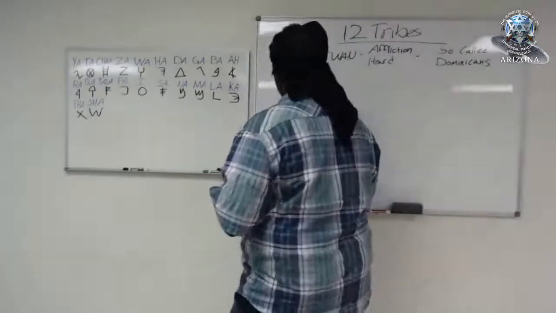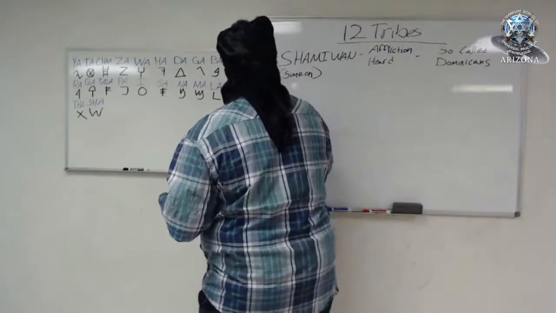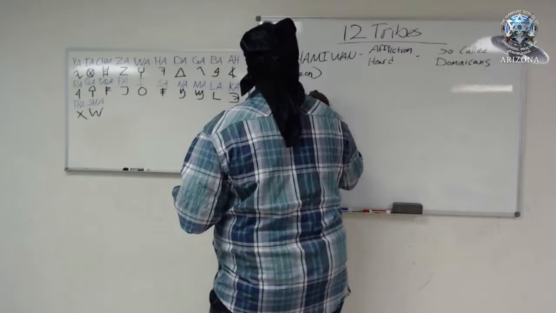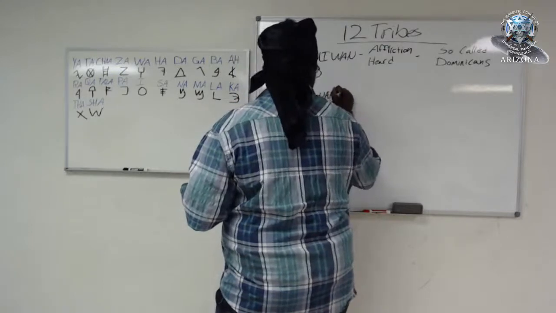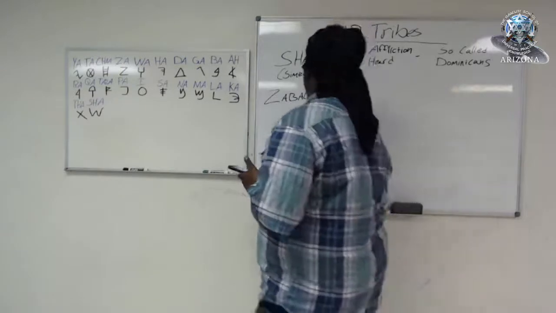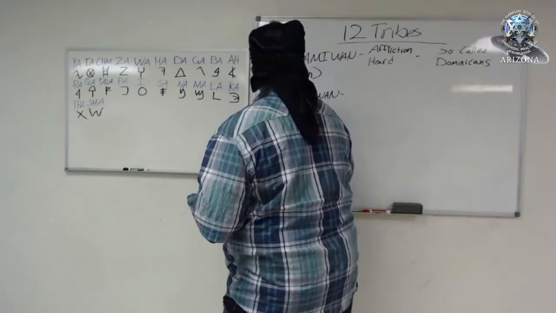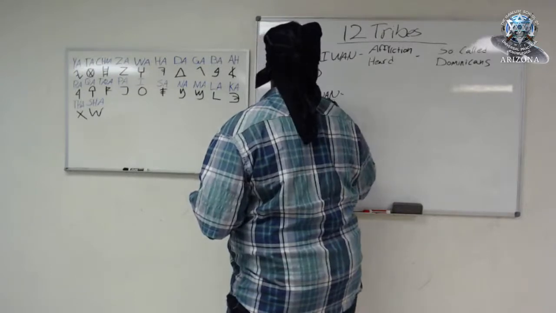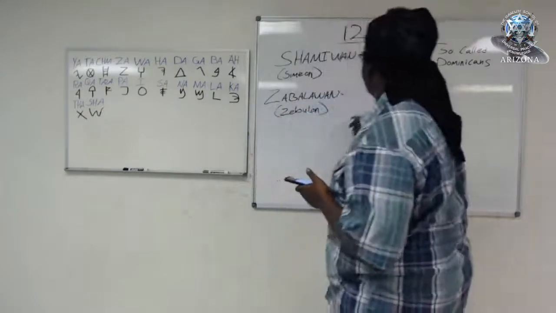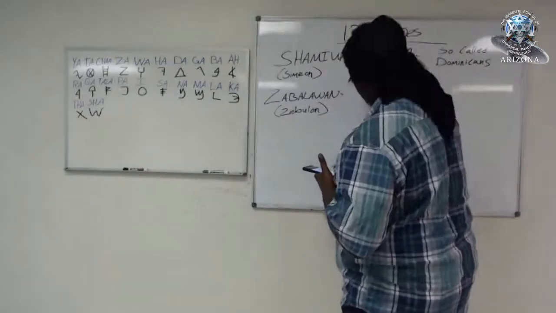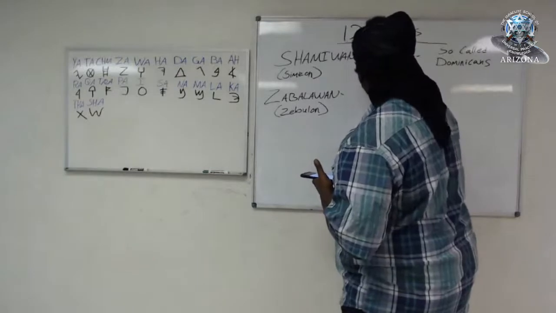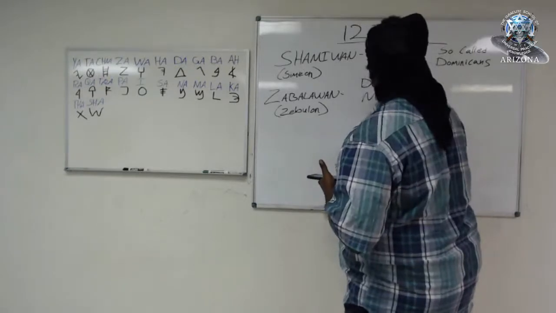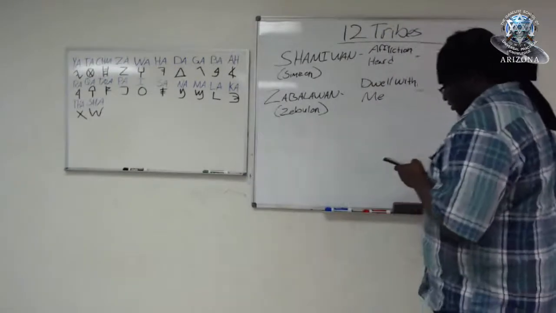Next up, we've got the bottom one. The bottom one is Zebulon in English. The bottom one means dwell with me.